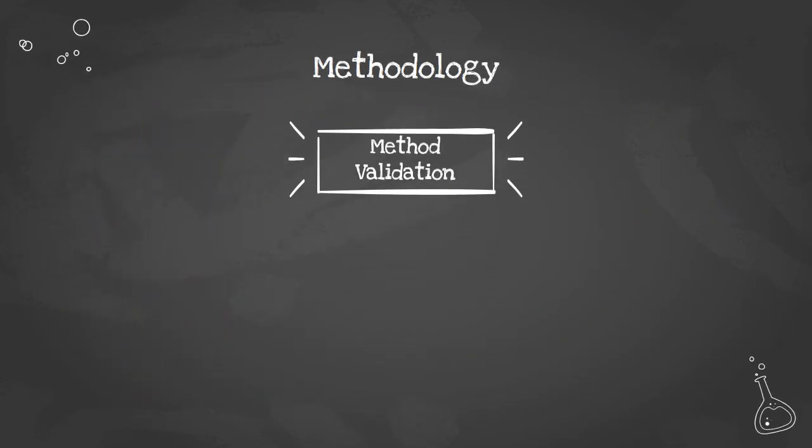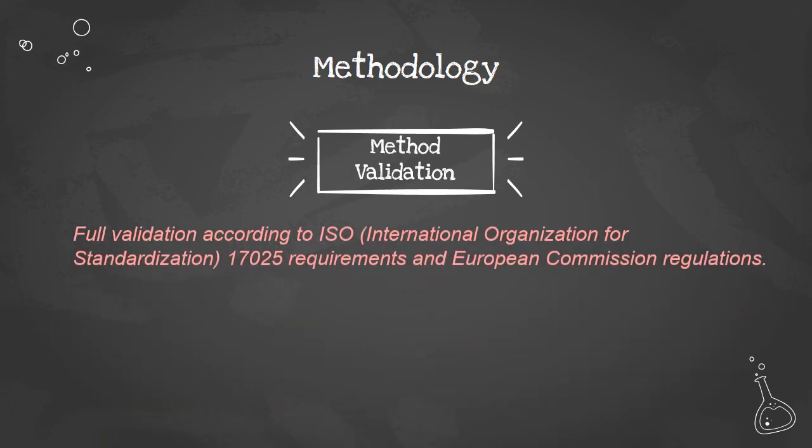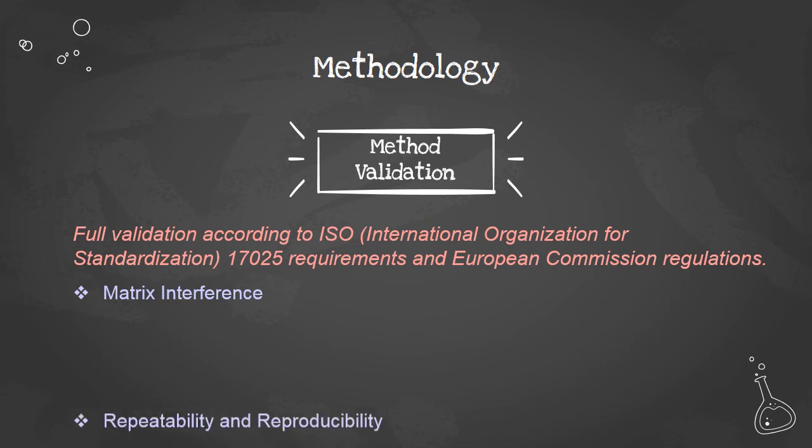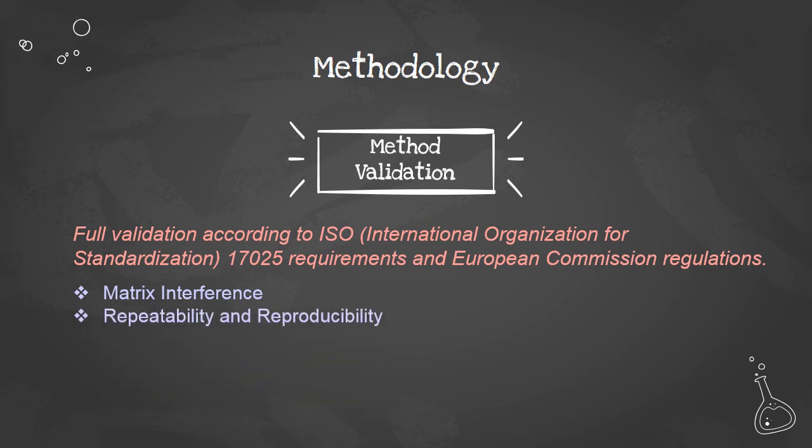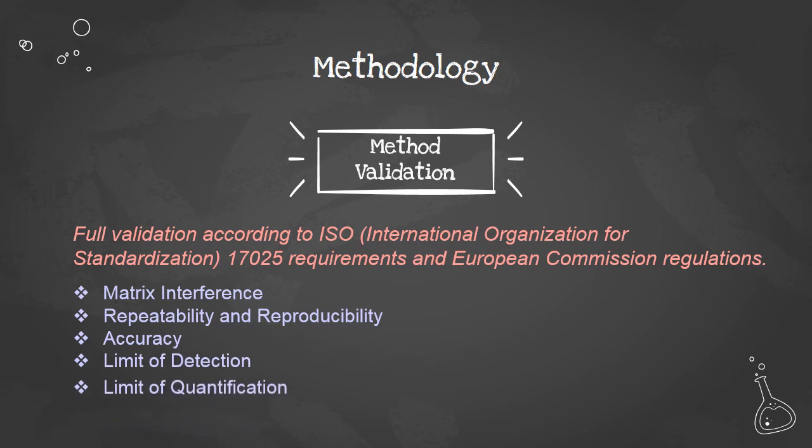The method was fully validated, according to ISO 17025 requirements, and European Commission regulations. Parameters, such as matrix interference, repeatability and reproducibility, accuracy, limit of detection, limit of quantification, and uncertainty of the method, were all checked.